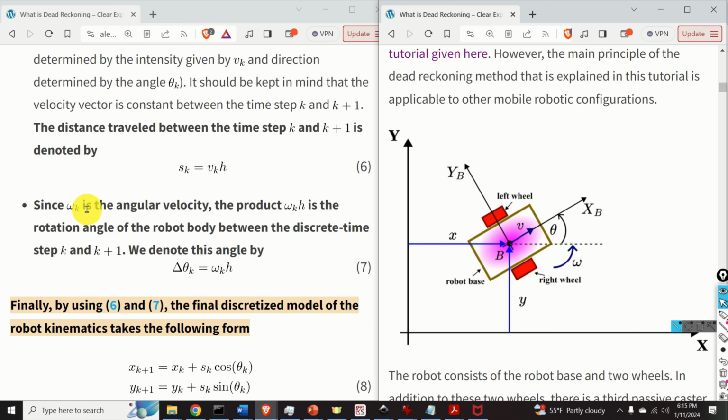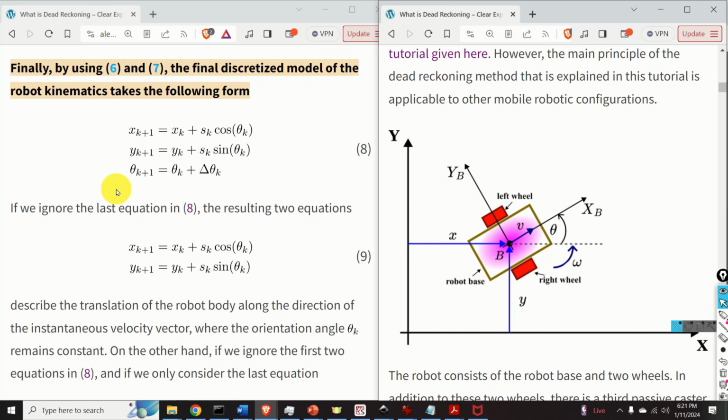Since omega k is the angular velocity, the product omega k times h is the rotation angle of the robot body between the discrete time step k and k plus 1. We denote this angle by delta theta k, which is equal to omega k times h. Finally, by using the last two equations, the final discretized model of the robot kinematics takes this form.